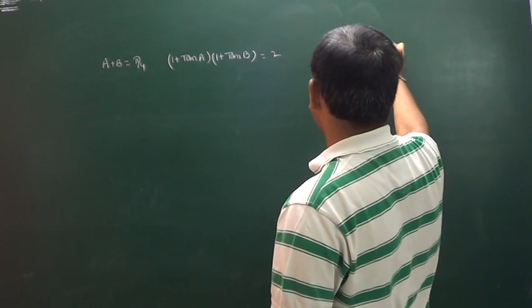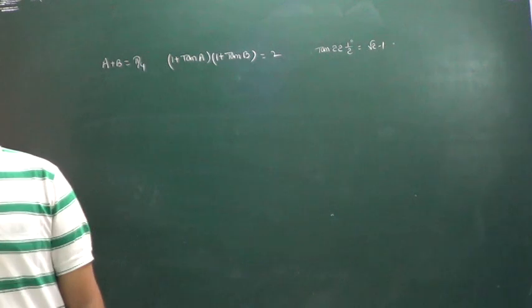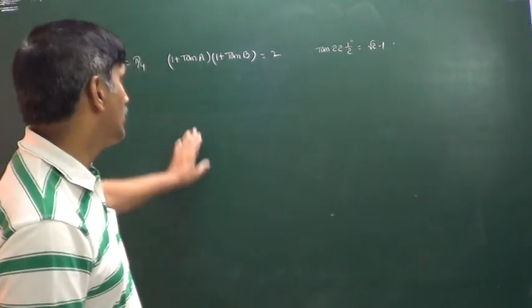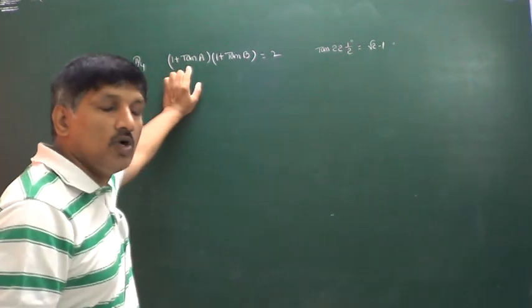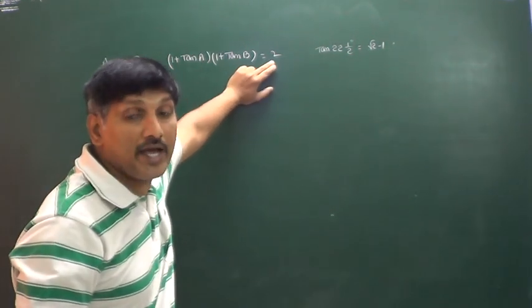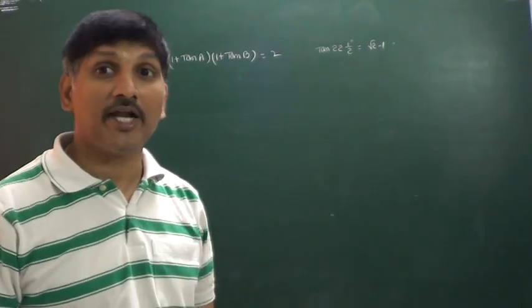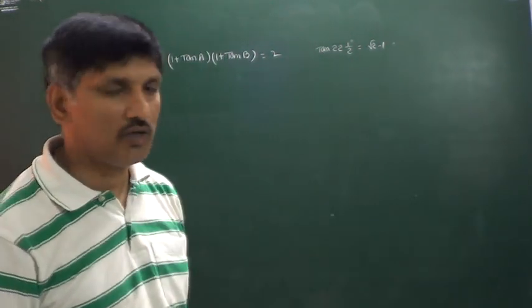Tan 22.5 degrees is equal to root 2 minus 1. We have to find the value of tan 22.5 degrees.